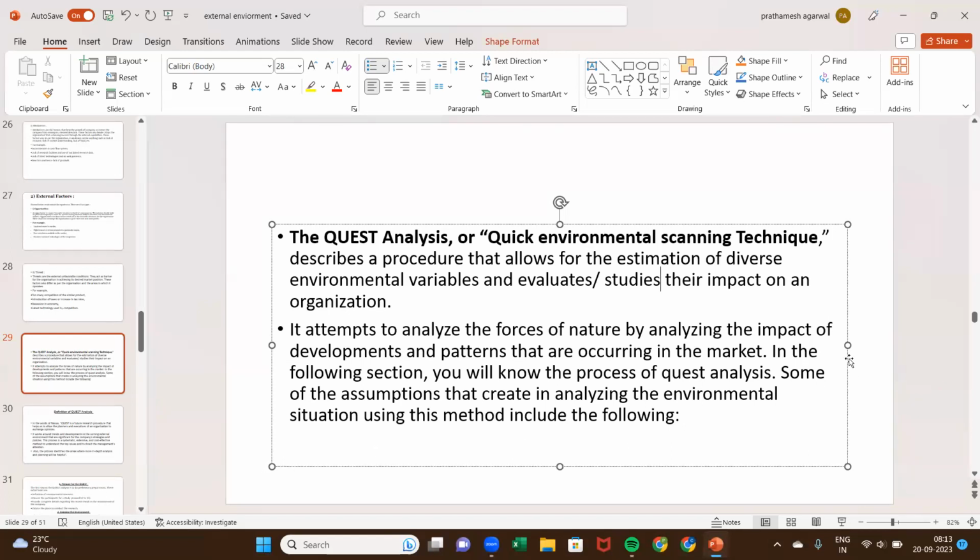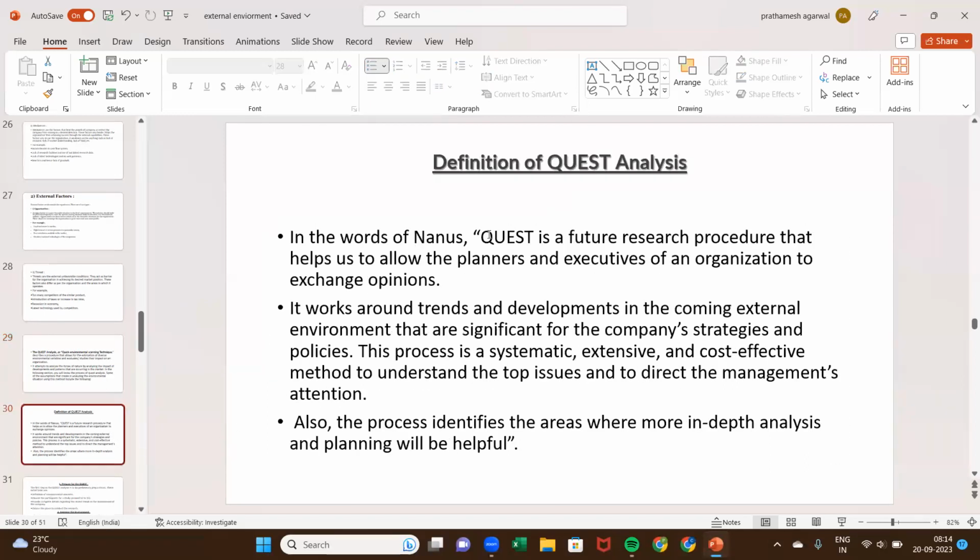All right. Now, what are the assumptions that are made in analyzing the environmental situation using the quest analysis? Now, let's see what are they. First, now that was the introduction I gave you. Now, we will exactly begin the quest. In the words of Nanos, quest is a future research procedure, right?